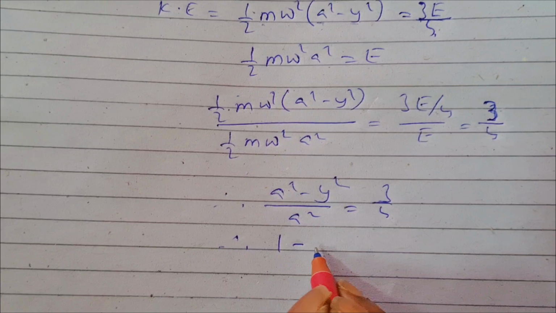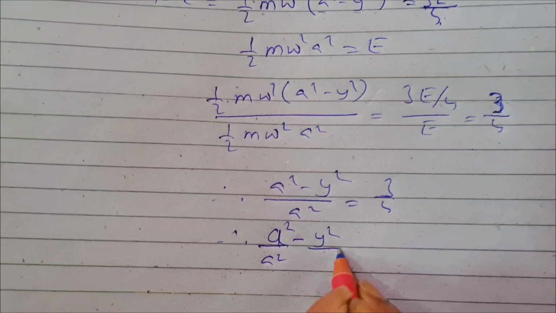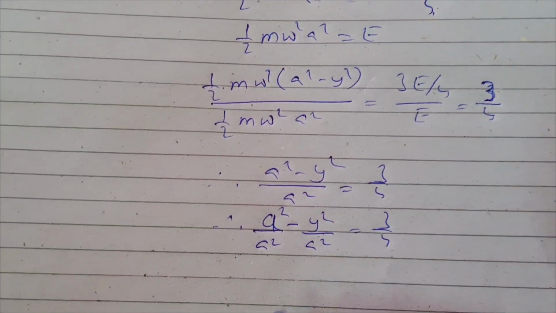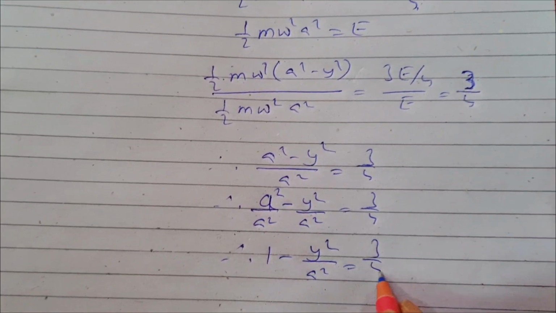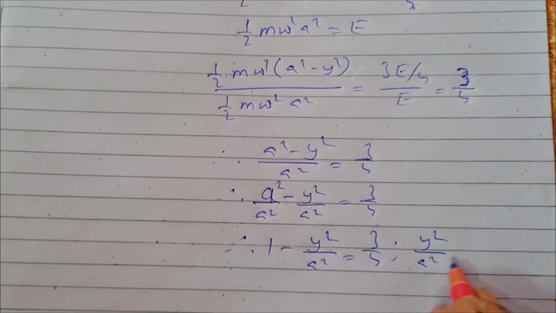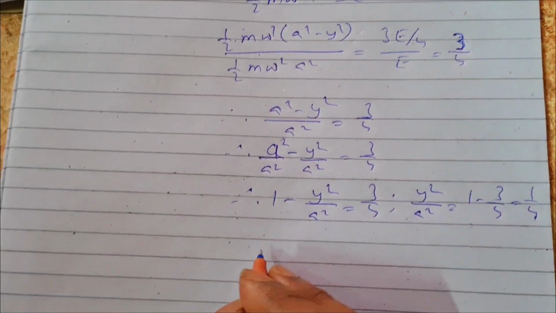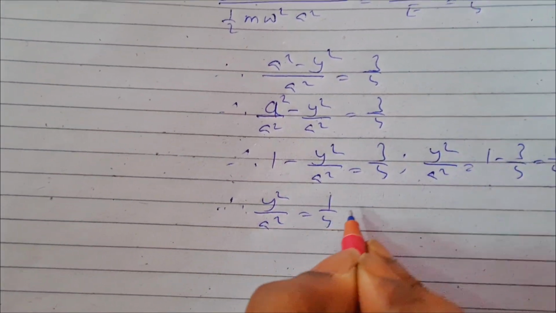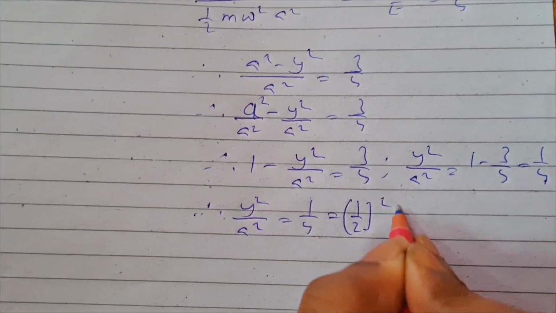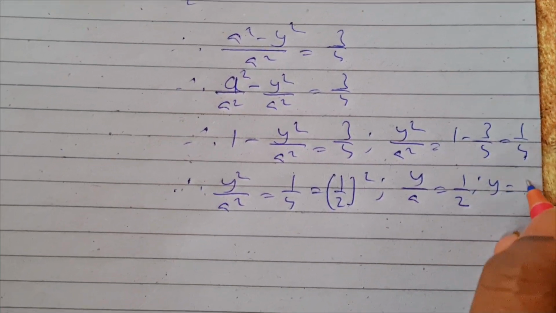We can write this as a square by a square minus y square by a square equals 3 by 4. Therefore 1 minus y square by a square equals 3 by 4. So y square by a square equals 1 minus 3 by 4, that is 1/4, which is half square. So y by a equals half, or y equals a by 2.